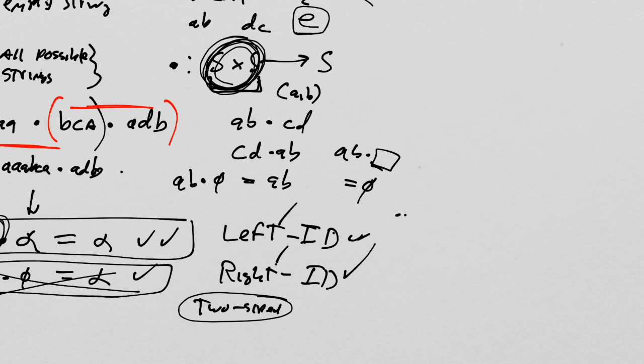So we'll now go to the next level of complexity, which is called the monoid. So our next object is the monoid. The monoid is definitely a magma, but it's also a semigroup, and it's a semigroup plus a two-sided identity.